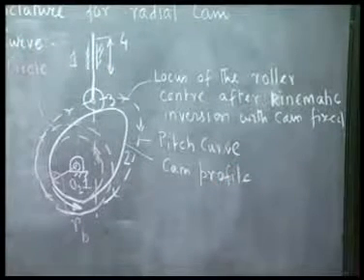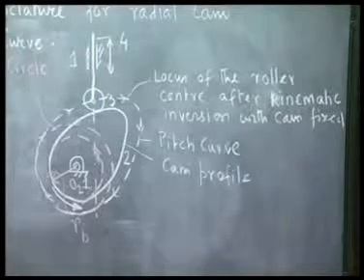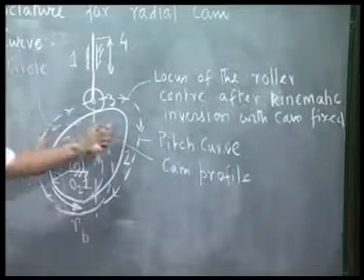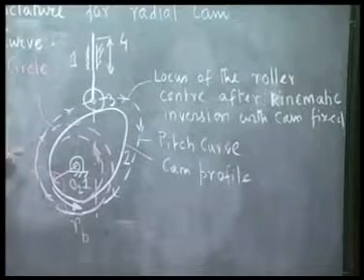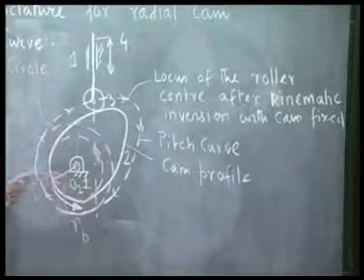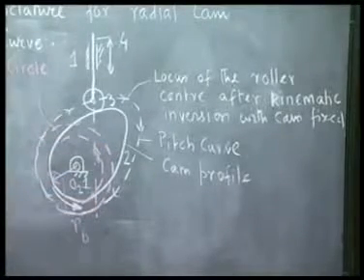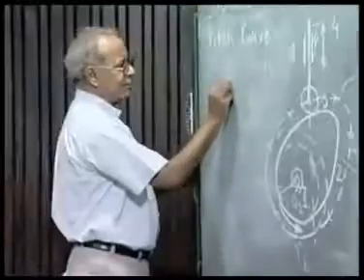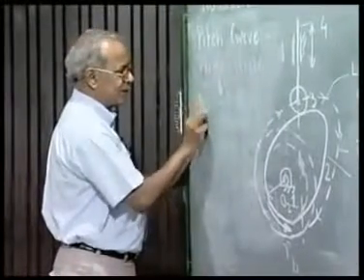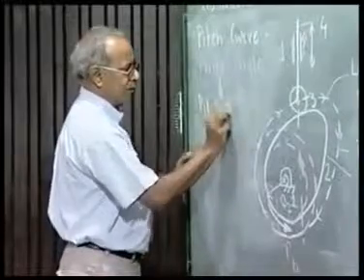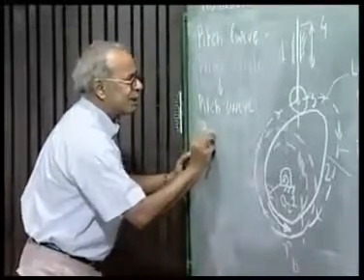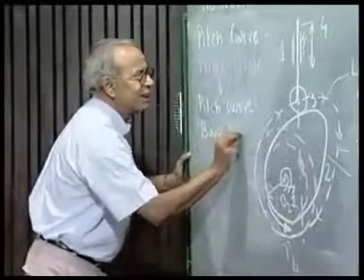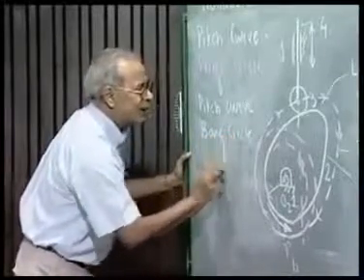So, we have defined trace point, then this is the cam profile, then we define base circle, then we define the pitch curve, and then we define the prime circle. What we have seen that prime circle to pitch curve is same as base circle to the cam profile.